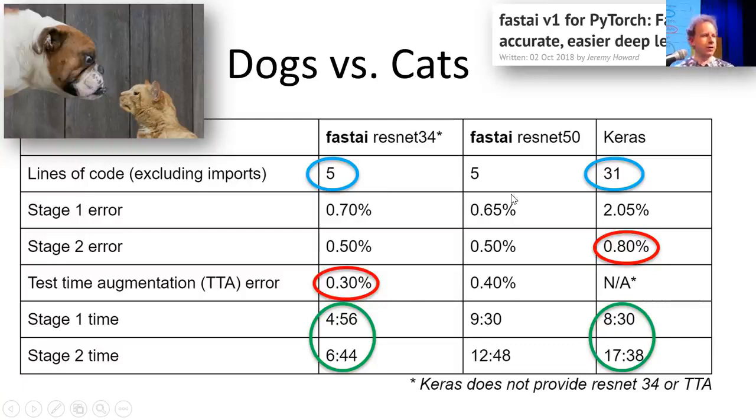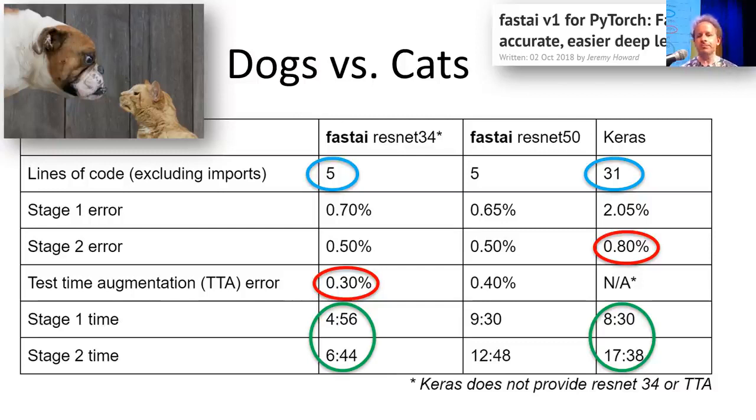And the lines of code are more important than you might realize, because those 31 lines of Keras code involve you making a lot of decisions, setting lots of parameters, doing lots of configuration. So that's all stuff where you have to know how to set those things to get kind of best practice results. Whereas these 5 lines of code, anytime we know what to do for you, we do it for you. Anytime we can pick a good default, we pick it for you.